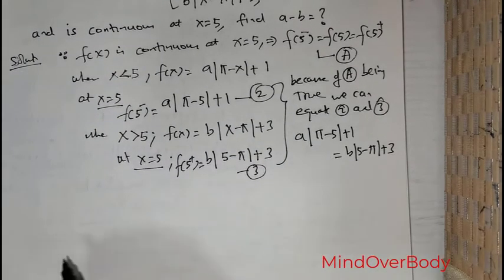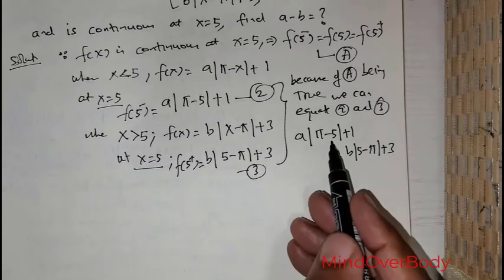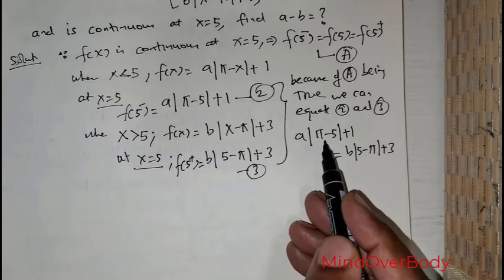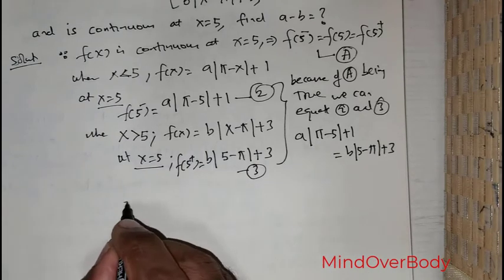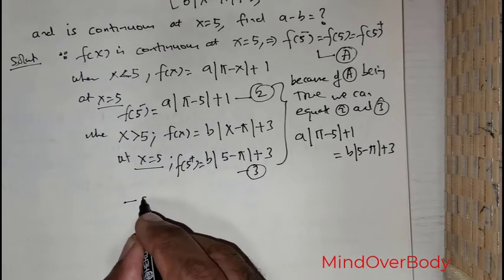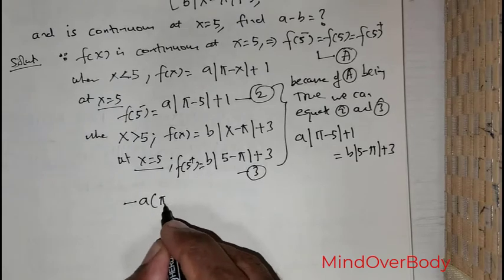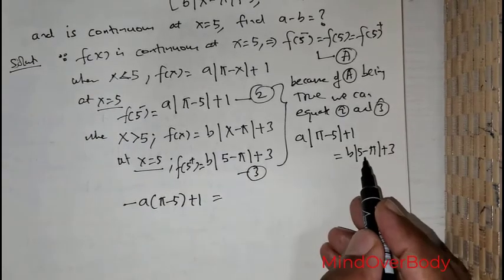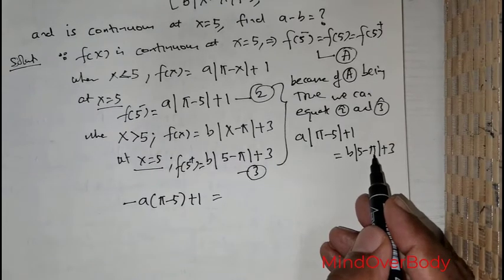The value of π is 3.14, but we got a negative 5, so the outcome inside the modulus is going to give me a negative value. So I should start with the negative sign and then say a times (π − 5) + 1 is equal to, in this case, 5 minus the value of π, 3.14.